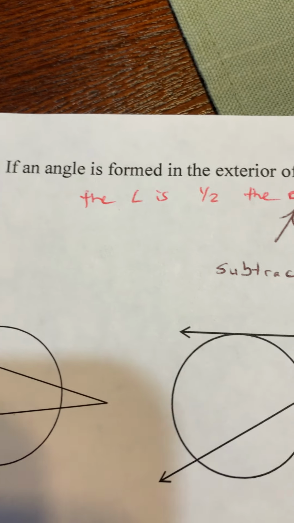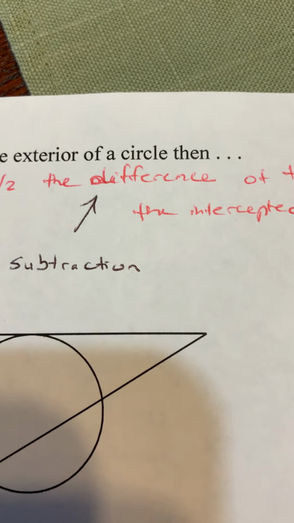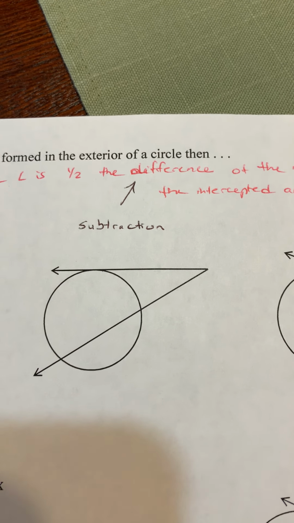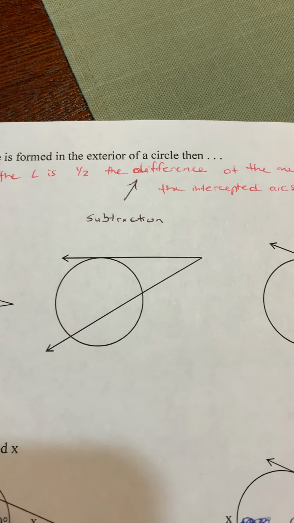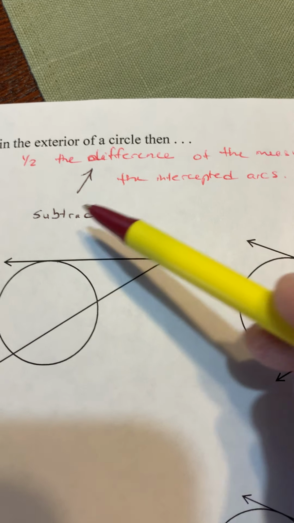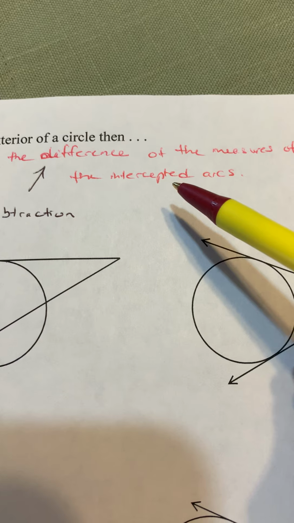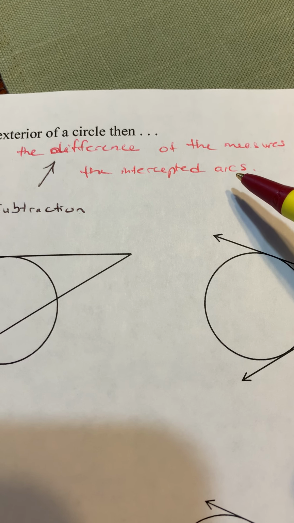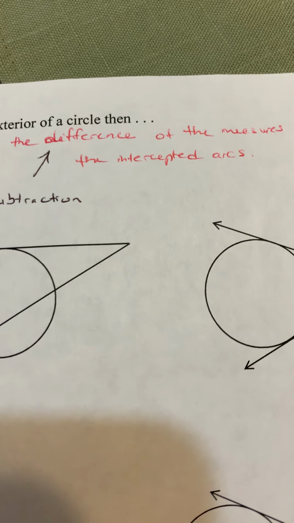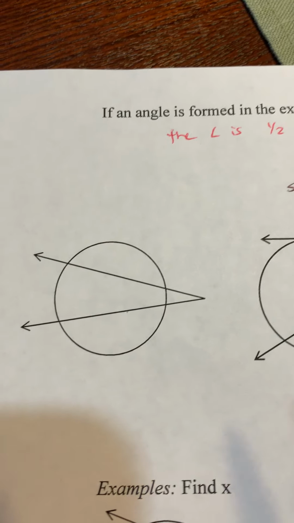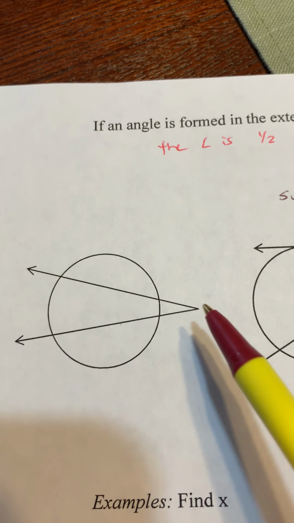It says if an angle is formed in the exterior of a circle, then, and again I'll pull out again, the angle is 1/2 the difference, being subtraction, of the measures of the intercepted arcs. There are 2 of them. So there's several different ways this could happen. You could have 2 secants.